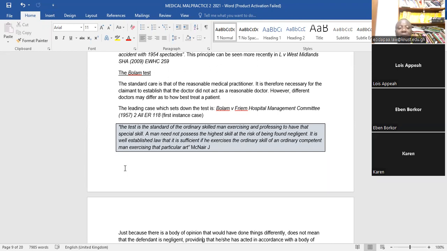And what is the Bolam test? Now, as you know, in around the late 1950s, there was Mr. Bolam. He underwent electroconvulsive therapy, ECT treatment, for sickness related to the mind, the nervous system, and all that.